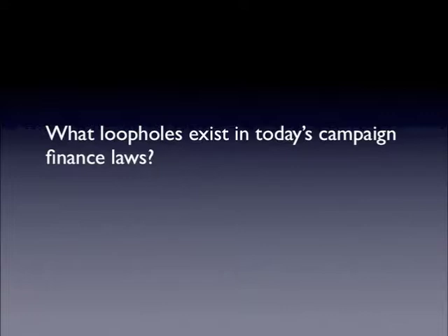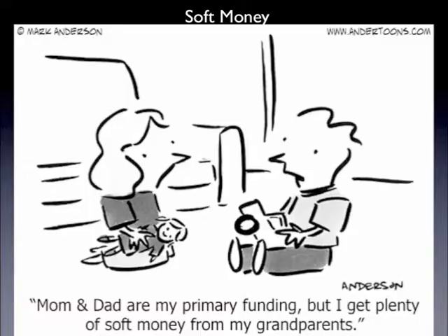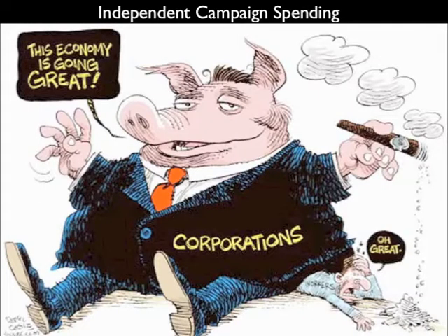What loopholes exist in today's campaign finance laws? Soft money, which is money given to state and local party organizations for party building activities that is filtered to presidential or congressional campaigns. Independent campaign spending.